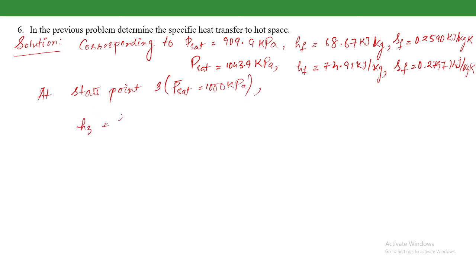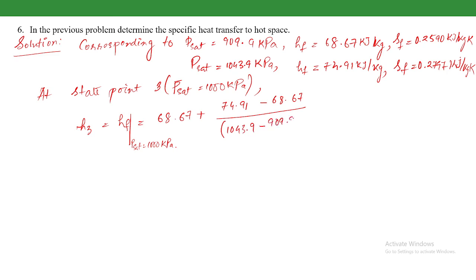So H3 is equal to HF is equal to 68.67 plus (74.91 minus 68.67) by (1043.9 minus 909.9) times (1000 minus 909.9), okay, and so this is just interpolation. So this value comes out to be 72.86 kilojoule per kg.